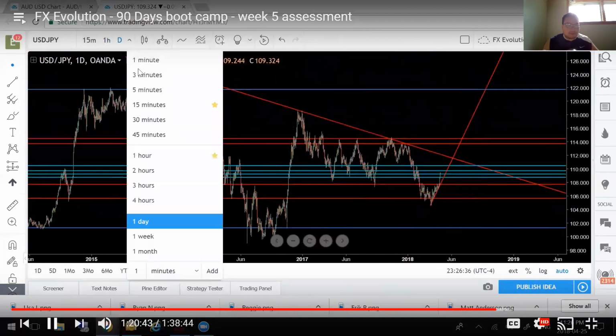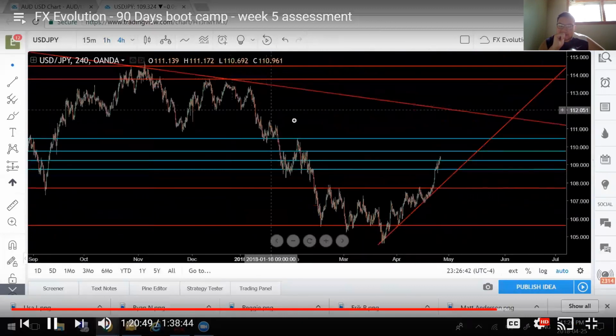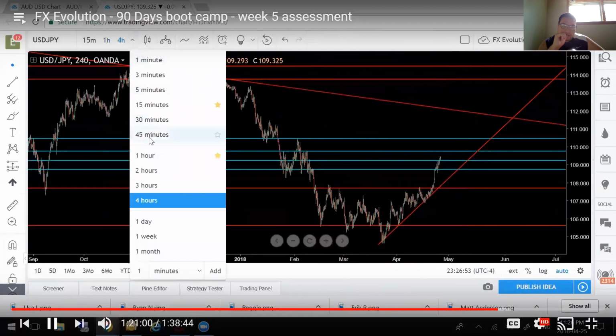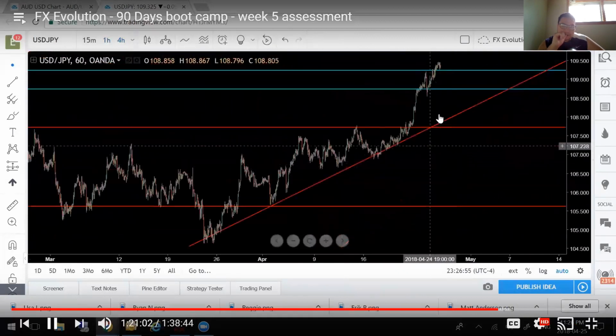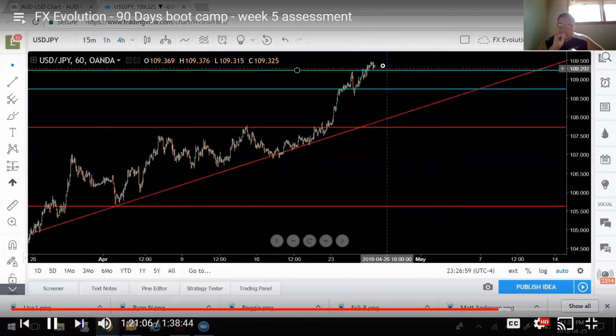On the 4 hour, it looks like it's still in an overall downtrend, but it looks like it's trying to creep back up to some resistance. So what I would do is I would let it retest, which it looks like it's doing right now, and then probably enter.